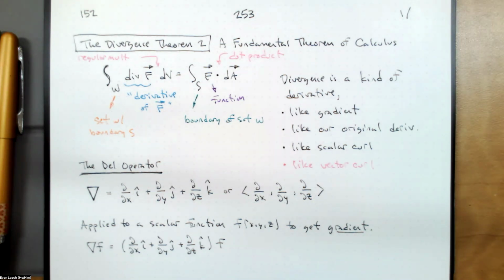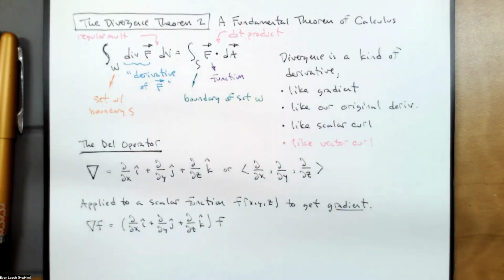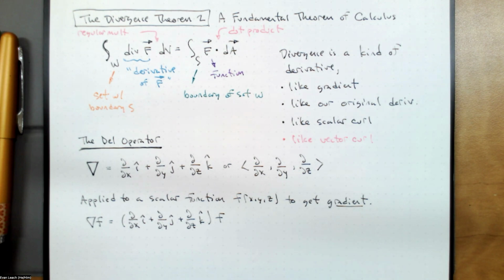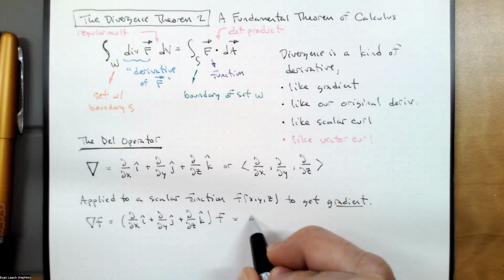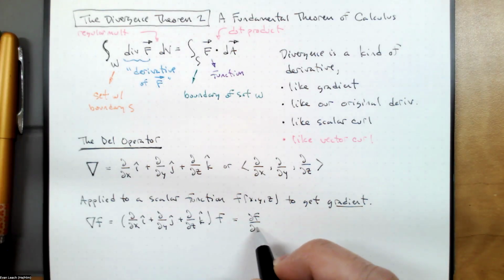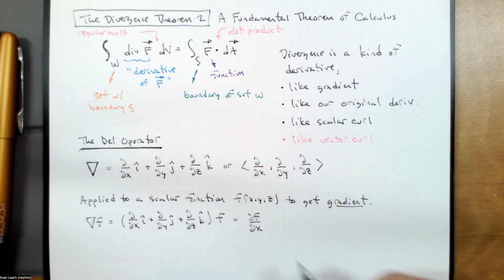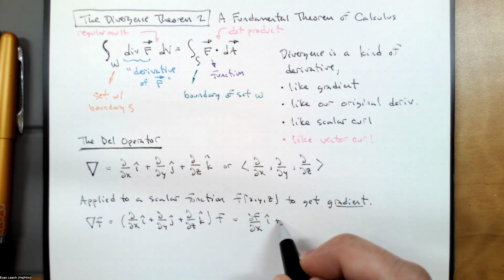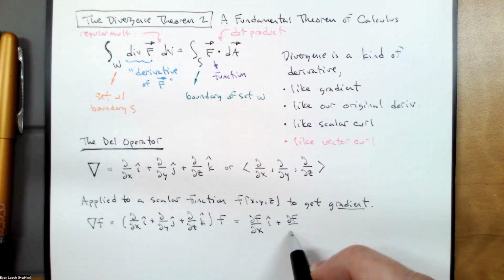We're not multiplying it by f. Well, our multiplication is apply the operation. That's weird to think about it that way. But do partial with respect to x in the i direction of the function. So the partial of f with respect to x, i. In the j direction, we take the partial of f with respect to y.